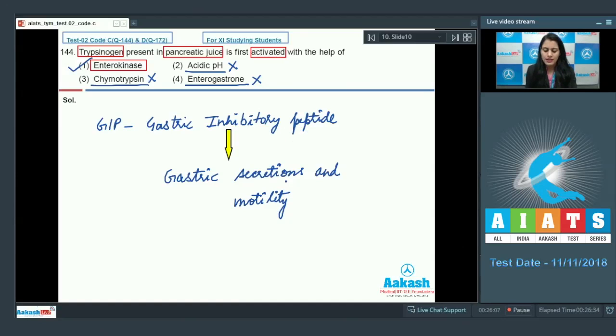So the correct answer for this question is option number 1. Let's move on to the next question.